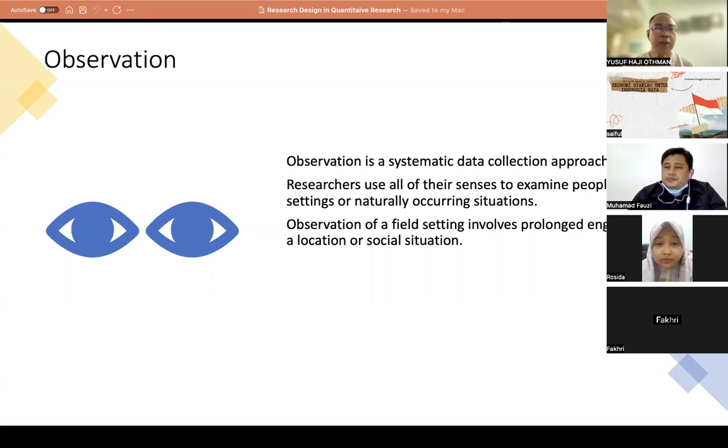So actually, forecasting is kind of difficult to do in a sense that if your model is not good, if the fitness of the model is not good, then you cannot accurately predict.